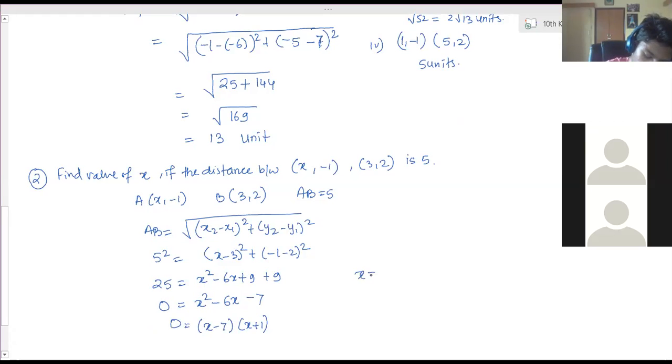So value of x will be either 7 or minus 1. Both are the answers. Is this question clear? Yes, ma'am.